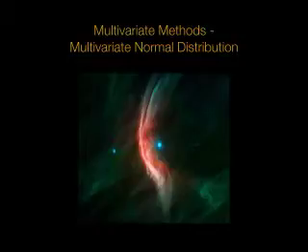A special naive case is where the components of x are independent, so the covariance of xi and xj is equal to 0 for i not equal to j, and the variance of xi is equal to sigma_i squared for all i. Then the covariance matrix is diagonal, and the joint density is the product of the individual univariate densities.